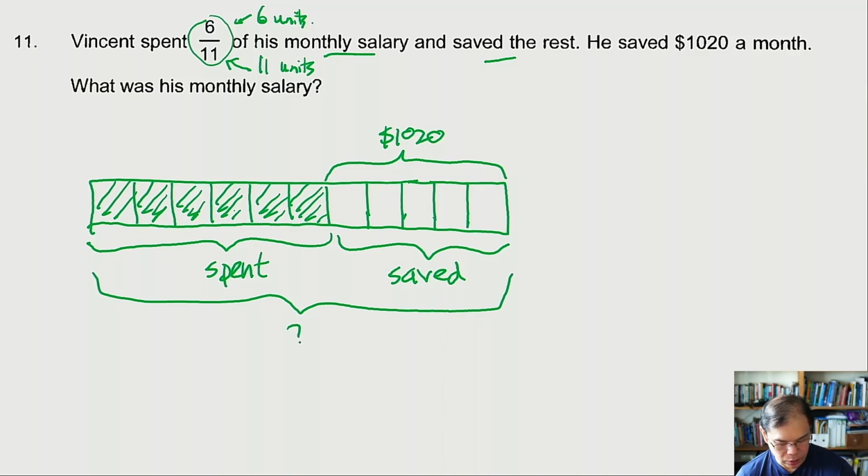So if you look at the model, how many units is this $1,020? 5 units. 1, 2, 3, 4, 5. So 5 units is $1,020. Okay, so let's find for 1 unit.